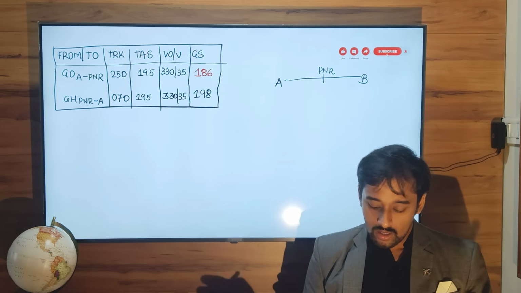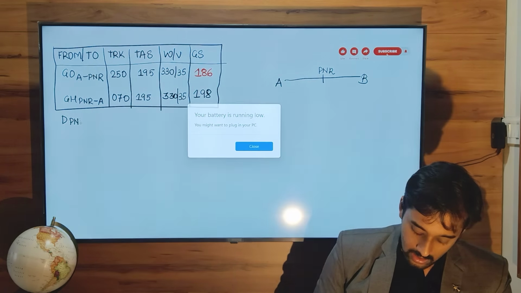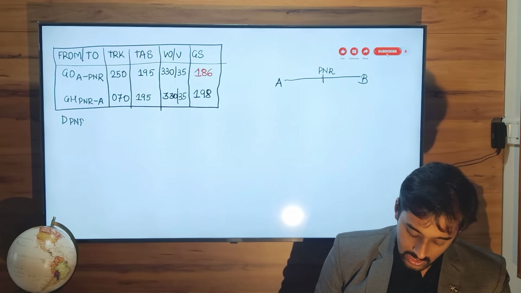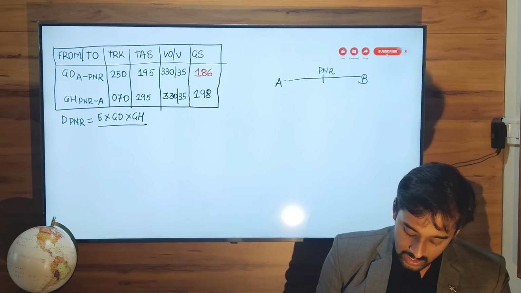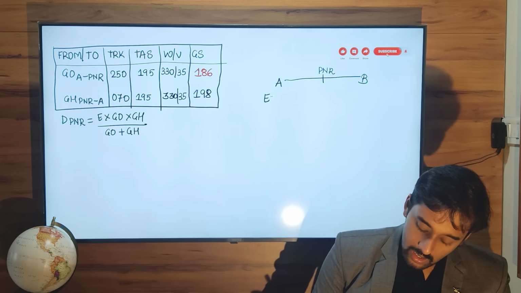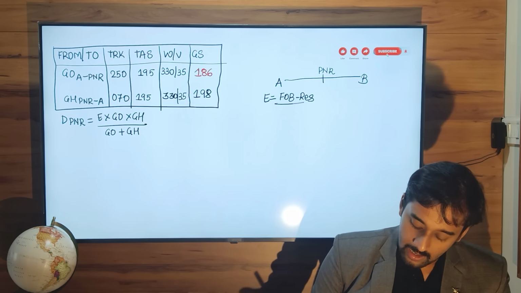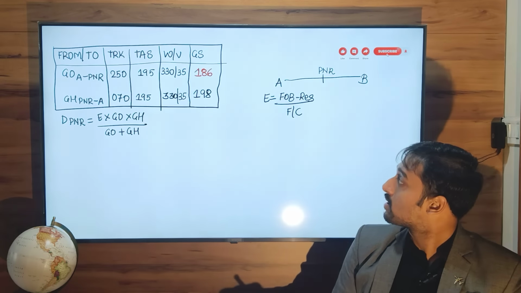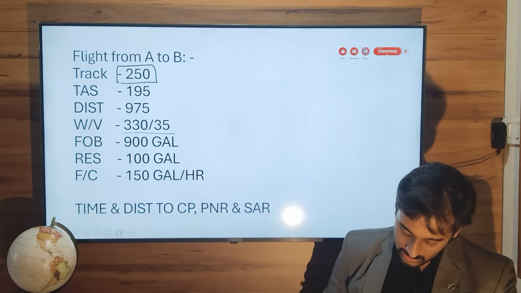Okay, so that's it. Now let's calculate distance to PNR, which is endurance into outbound ground speed into homebound ground speed divided by GO plus GH. Now over here, endurance will be fuel on board minus reserve divided by fuel consumption. Correct? So fuel on board is how much? 900.